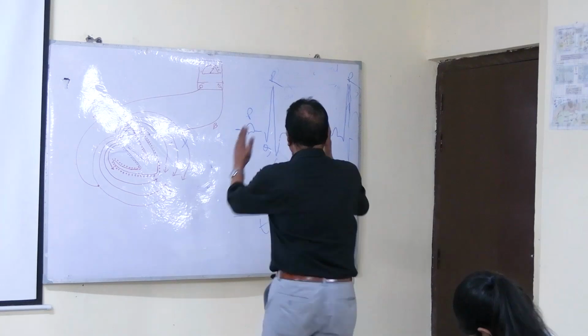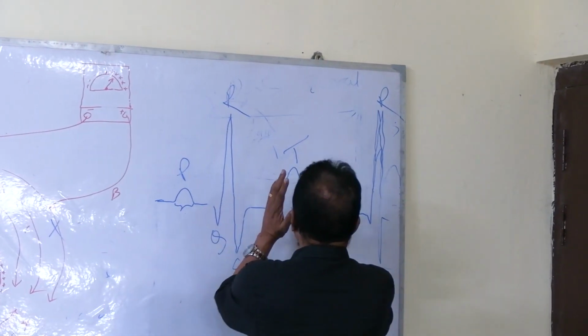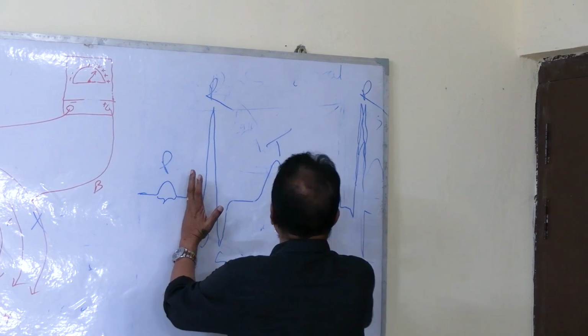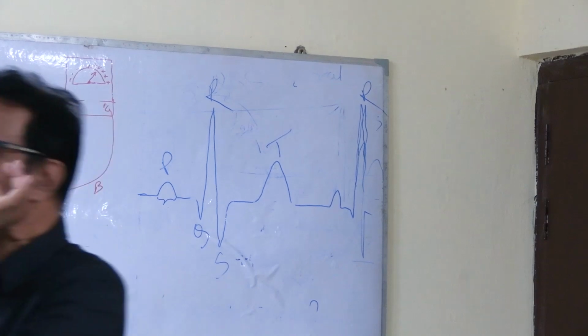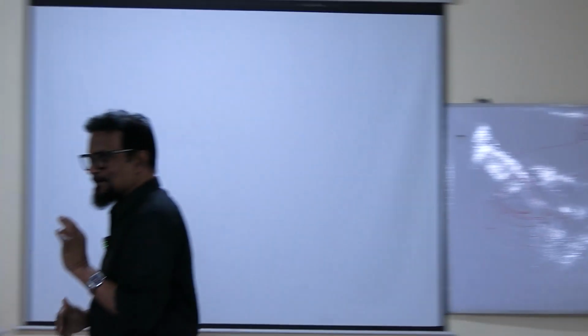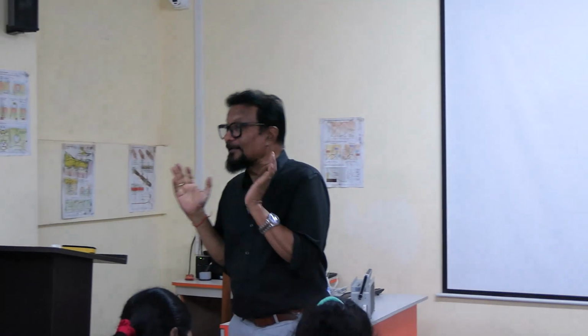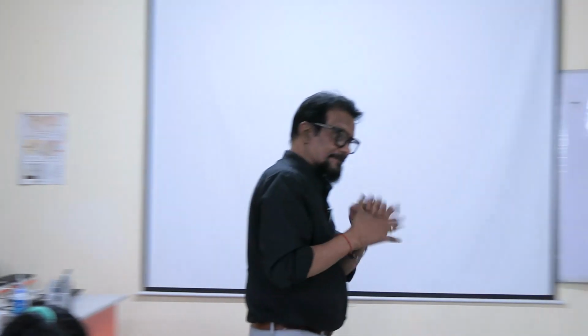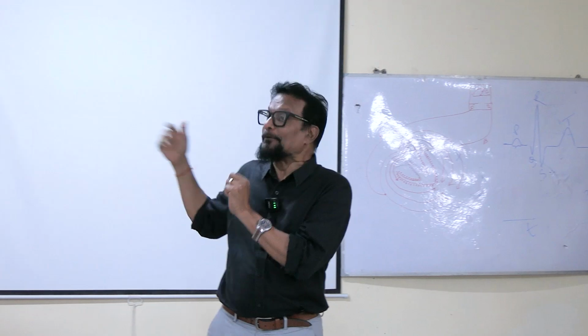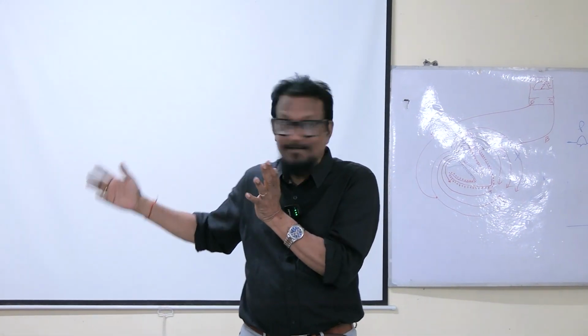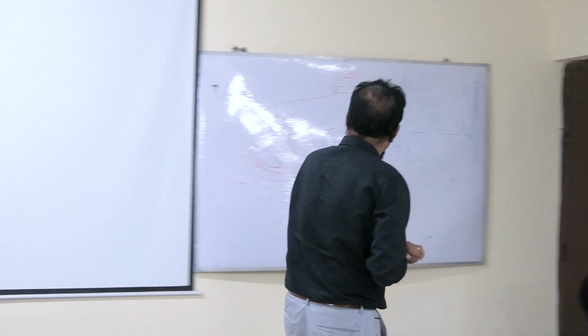From here to here, it represents the ventricular depolarization as well as the repolarization. So this is the time the ventricle took for depolarization and repolarization. Actually, during depolarization, ventricular muscle contracts. And the latter part, during repolarization, ventricle relaxes. So you have to remember that.